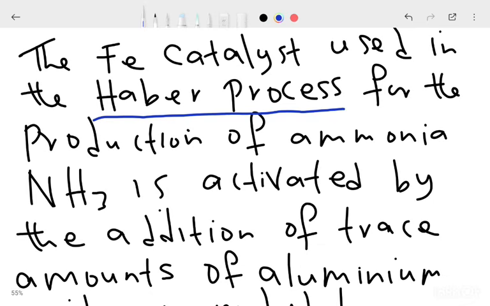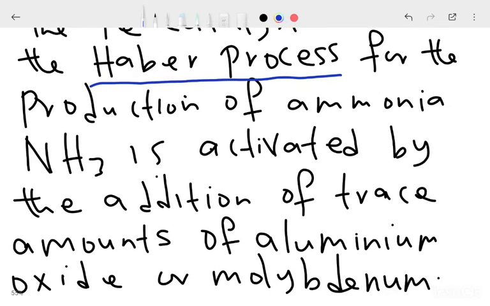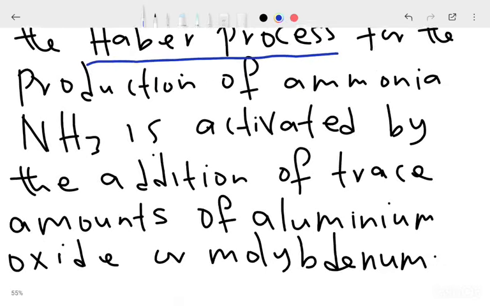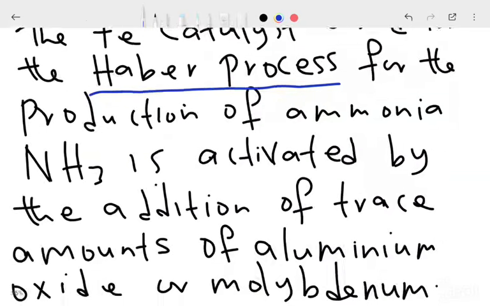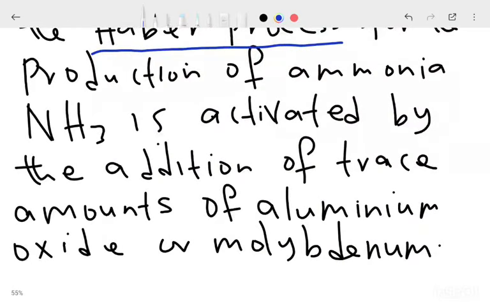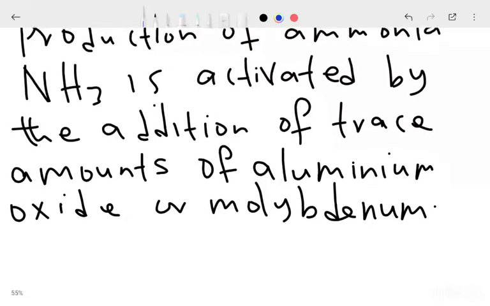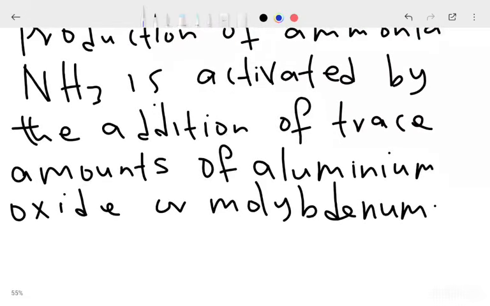Okay, so now, for the production of ammonia, look at it, it is activated by the addition of trace amounts of aluminum oxide or molybdenum. So what are the promoters here? The promoters are aluminium and what? Molybdenum.